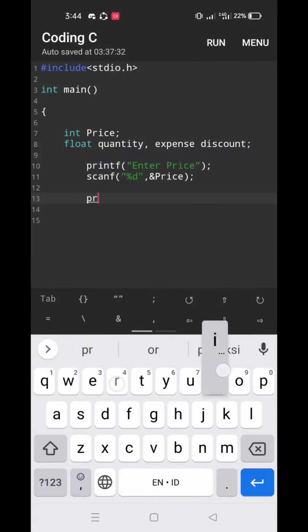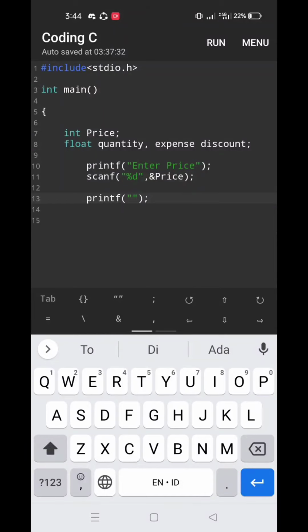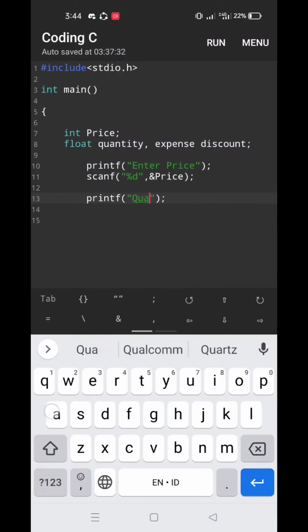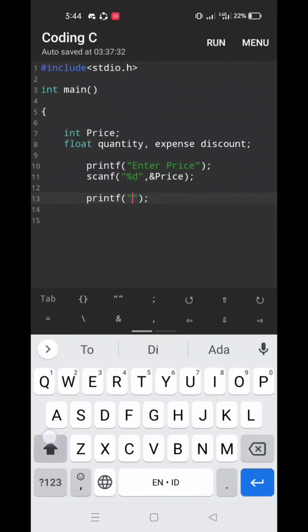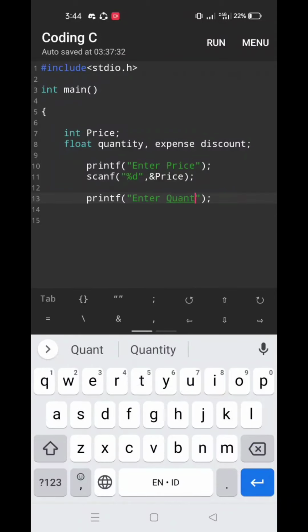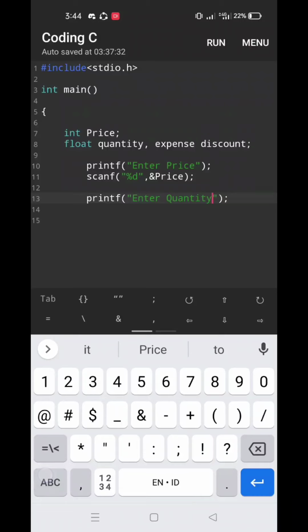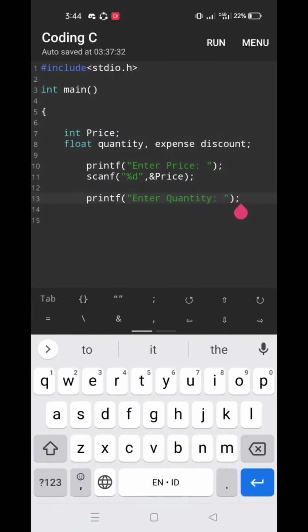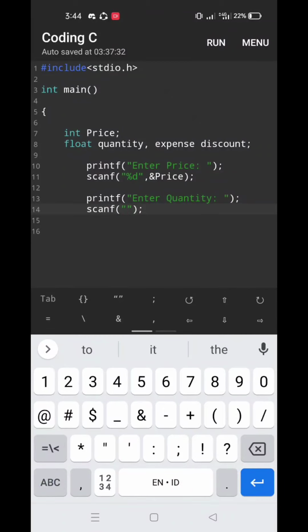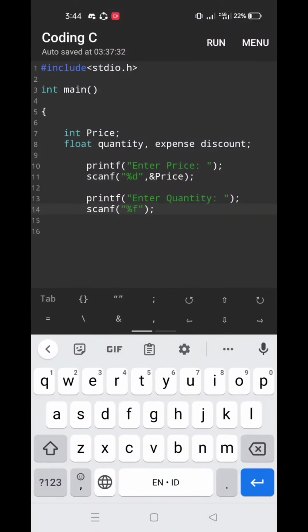So let's say enter price. Then scanf, %f because it is a float. Then the price variable.